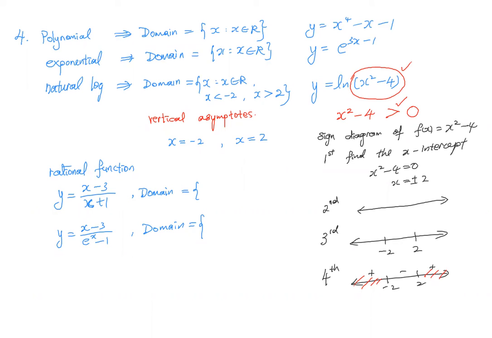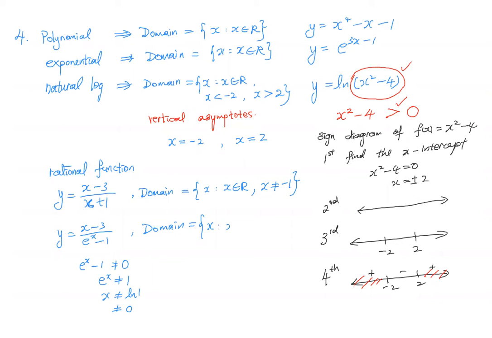So for rational function, you have to remember the bottom cannot be equal to 0. Understand? So for this one, e^x minus 1 cannot be equal to 0. So e to the power x cannot be equal to 1. So x cannot be equal to ln 1, that means cannot be equal to 0. And that will become the vertical asymptote as well. Are you clear?